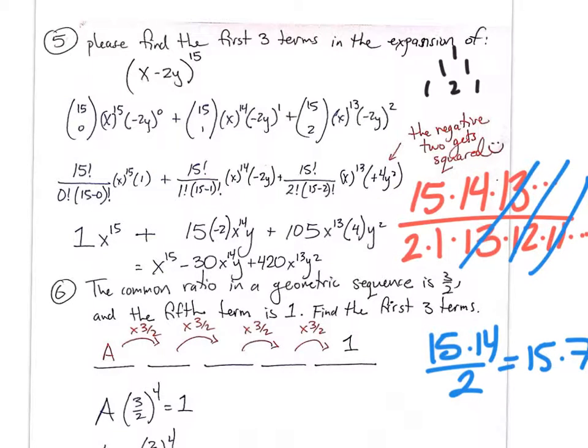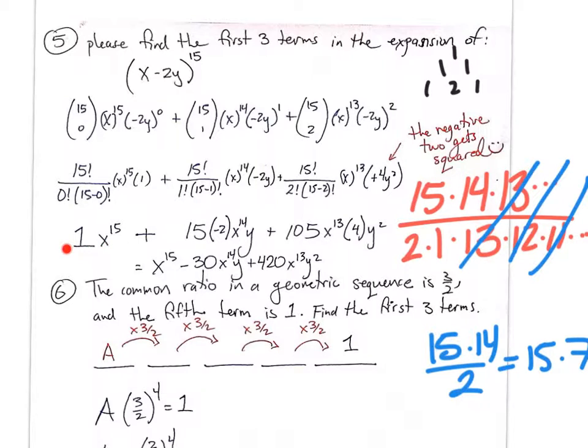So we simplify down. Don't forget that you have this negative being raised to some exponent, and that's going to affect the coefficient. So this right here, we end up with this negative because we have negative 2 to the first power.